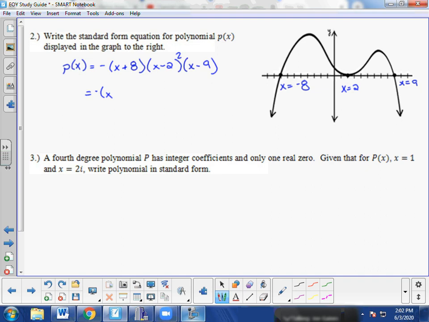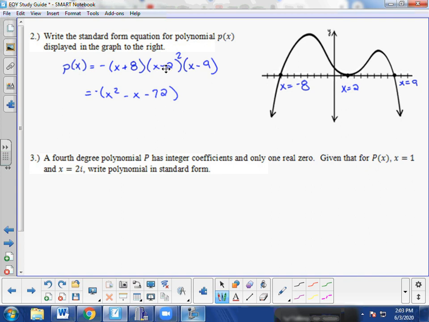I'm still leaving the negative out in front. If I did distribution, I would have a positive 8x and negative 9x. If I combine those terms, that would give me negative x. And then I would distribute negative 9 to positive 8, and this would give me a negative 72.